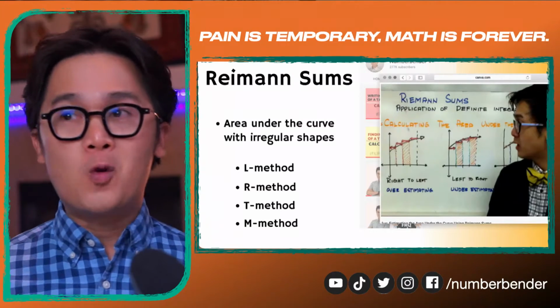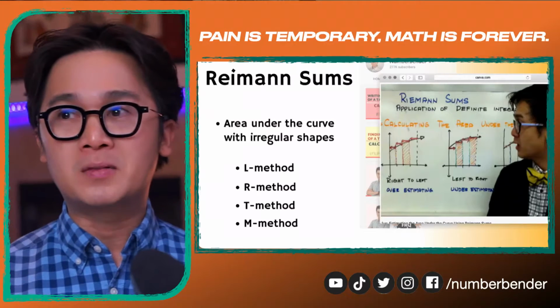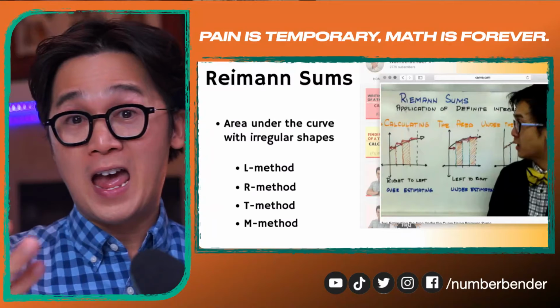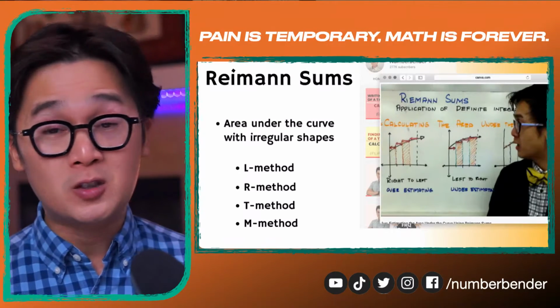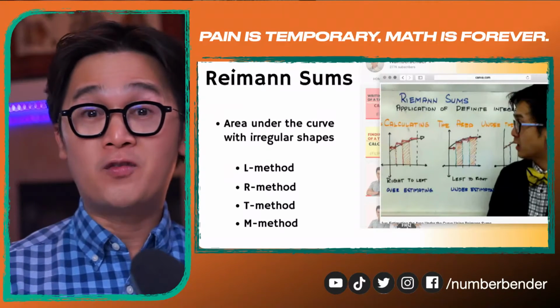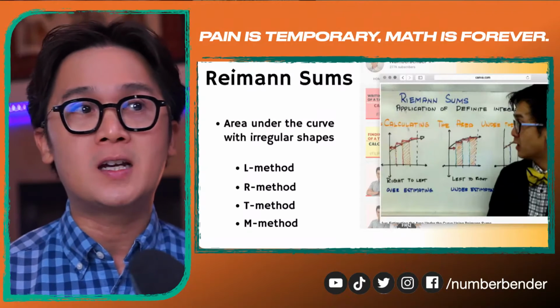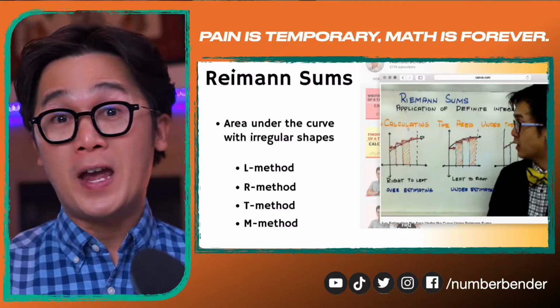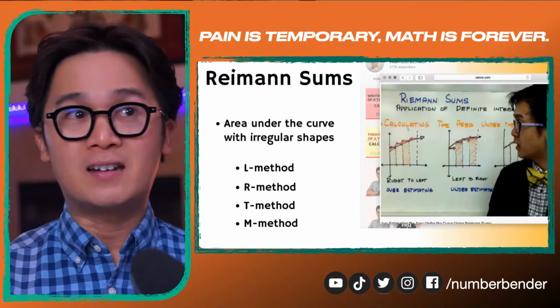And then once our function becomes a little bit more exciting, similar to f of x is equal to the square root of x plus 2, or a rational function, or a trig function, tell them that there is another way on how to estimate the area under the curve, and that is the Riemann sums.